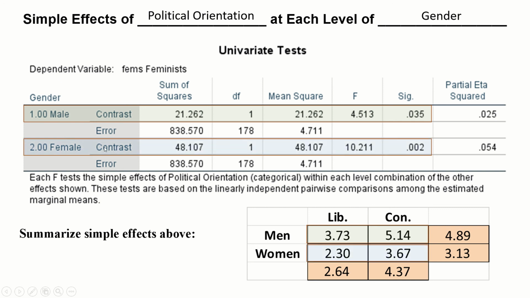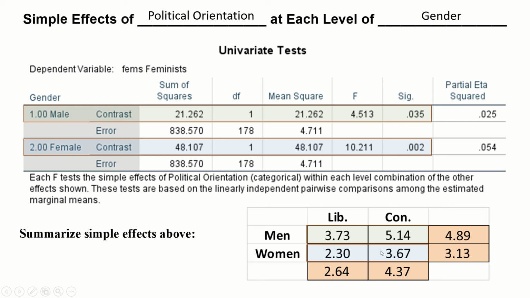If we look at the row for women, we see also that the simple effect of political orientation is significant for women. We have a p-value of 0.002, right? So significant. So women are replicating that pattern that we saw with the main effect of political orientation.